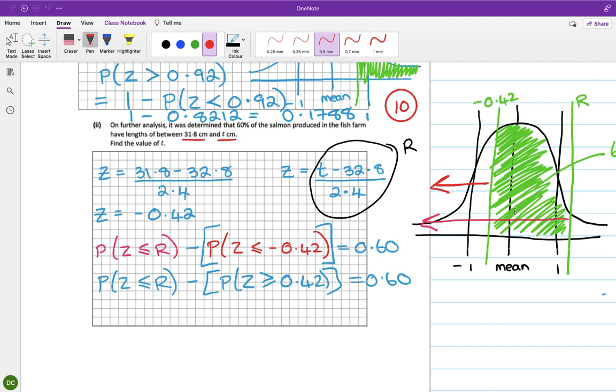And being greater than 0.42, I just do 1 minus the probability of being less than 0.42.